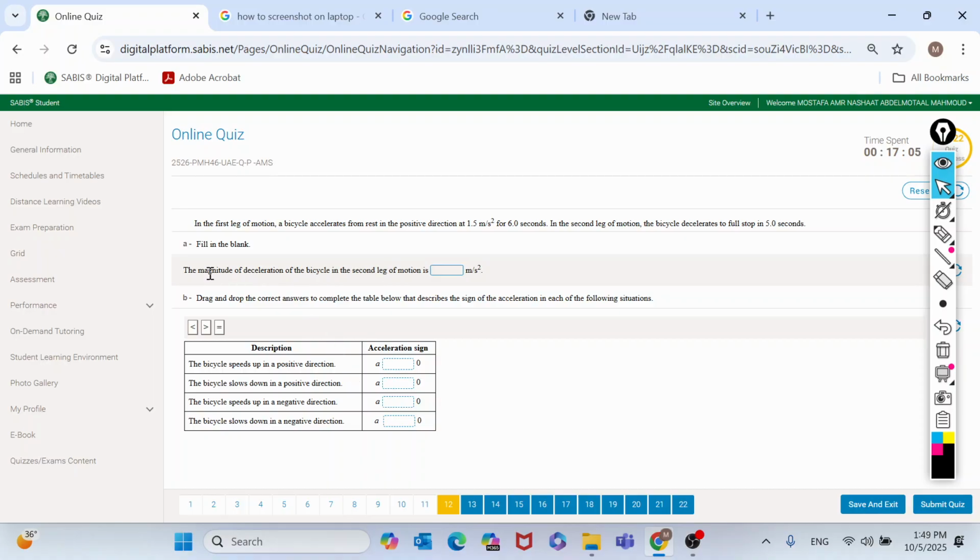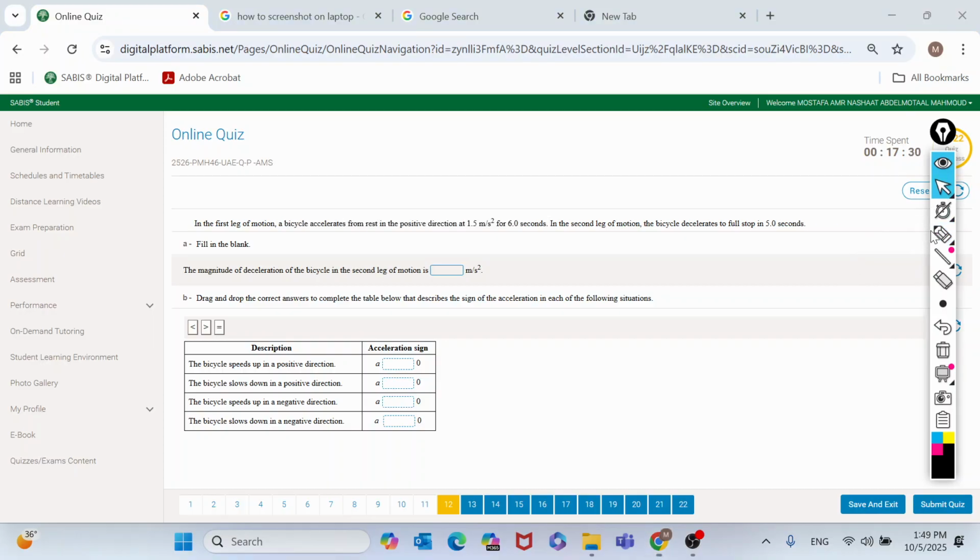Okay, the magnitude of deceleration of the bicycle in the second leg. In the first leg of motion, a bicycle accelerates from rest in the positive direction at 1.5 meters per second squared for 6 seconds. In the second leg of motion, the bicycle decelerates to a full stop in 5 seconds.